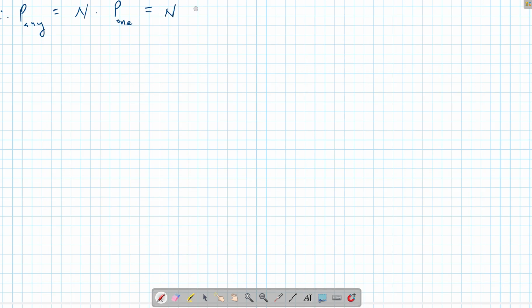So this is going to be N sigma V dt divided by V, and N divided by V is little n, the number density. So we have this nice expression for probability of collision in time.